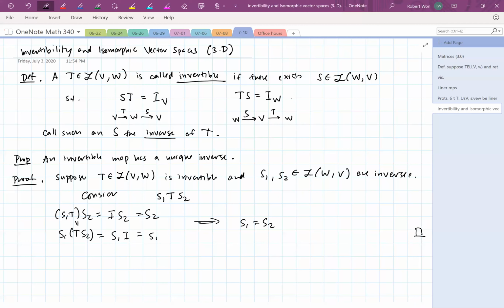Okay, so since inverses are unique, if they exist, right?